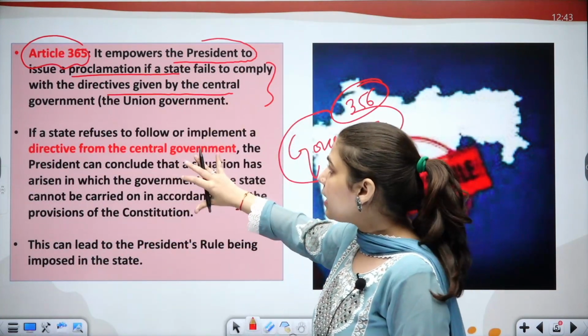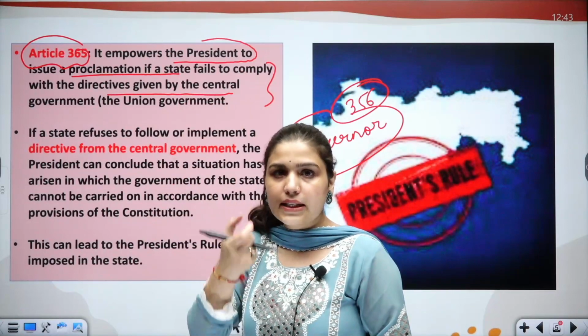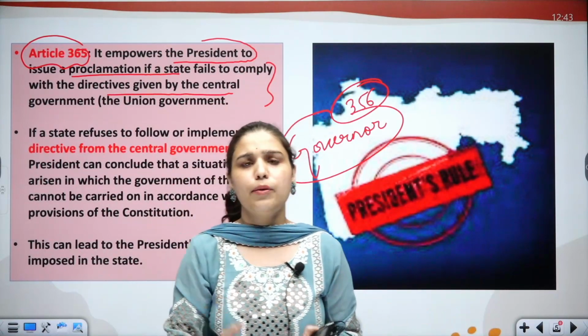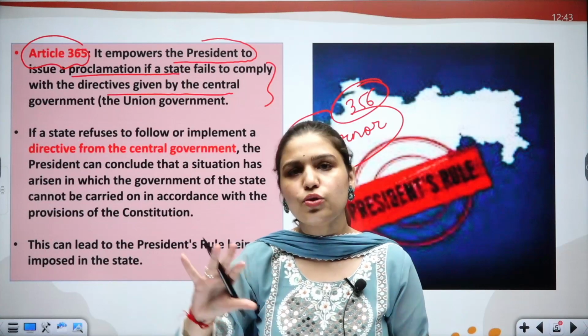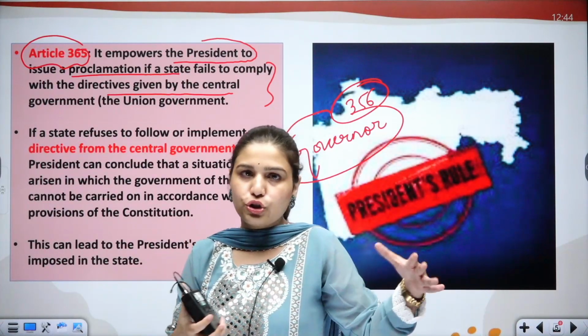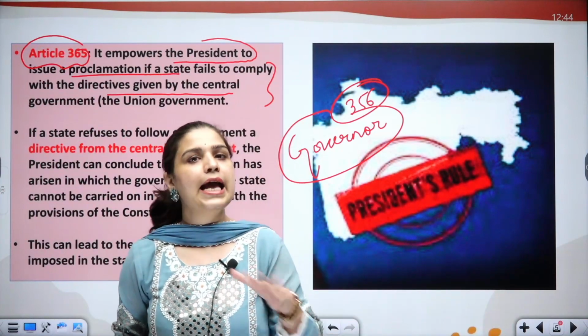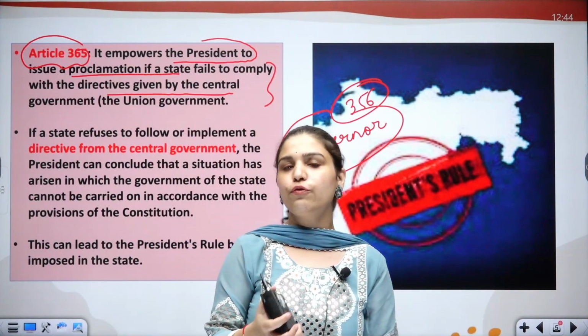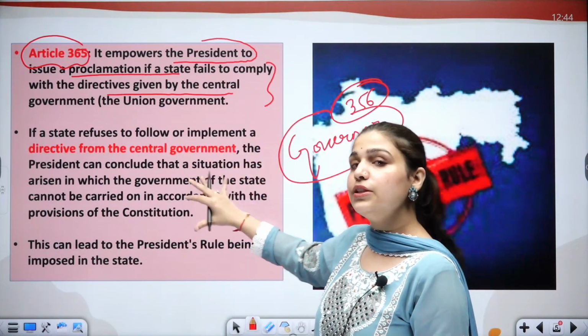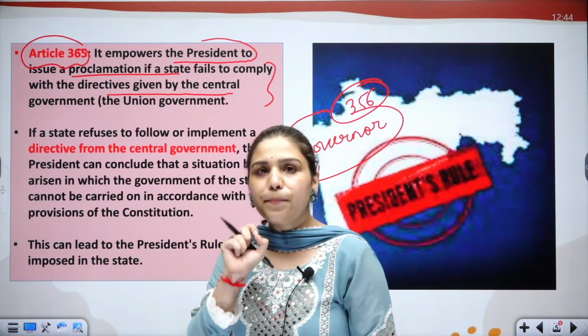Whereas in this article, if the center gives any direction to a state government and the state government refuses to comply with it, for example the center says that this law should be enacted in your state, and the state government plainly denies that it is going to implement this law, then President Rule can be imposed in that state.